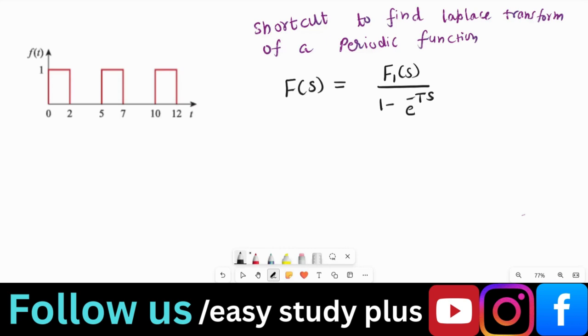T is the period, and f1(s) is the Laplace transform of one period. I am writing here so that you can remember it. f1(s) is the Laplace transform of one period, and T is the period.